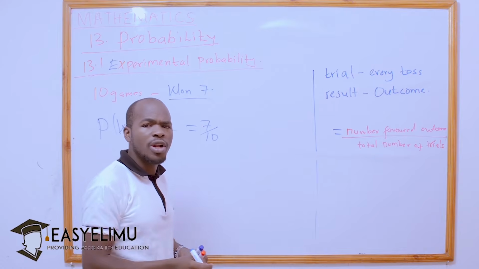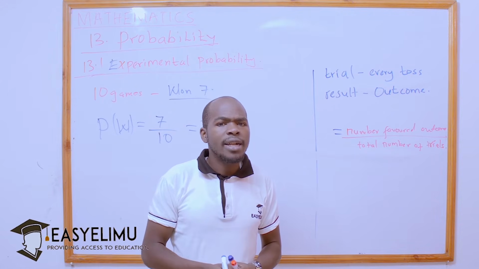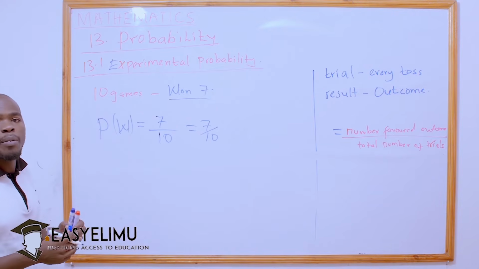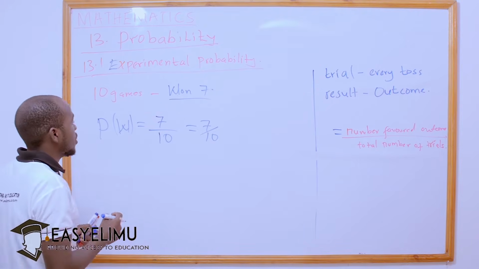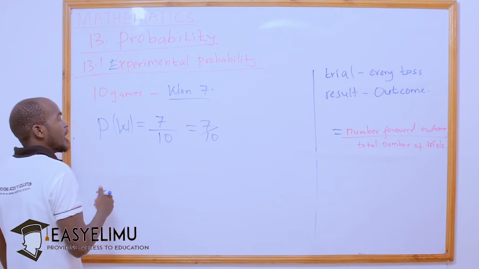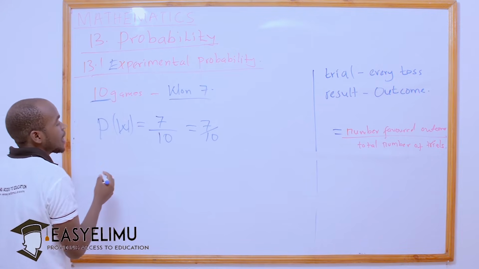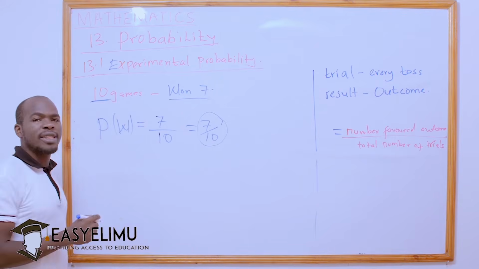But we have been told to find the number of matches this school is capable of winning if it plays 30 matches. If in 10 matches the school has a probability of winning 7 over 10, what about 30 matches?